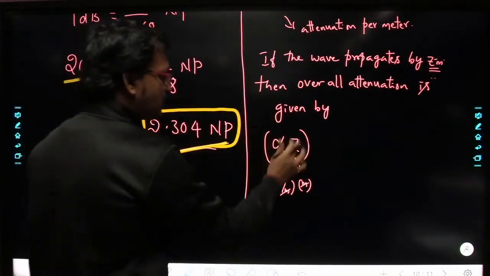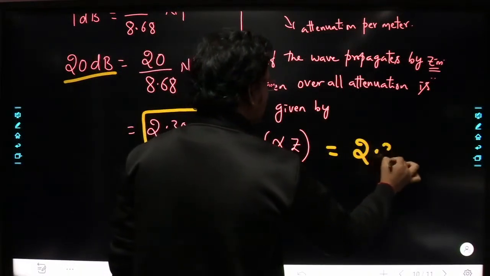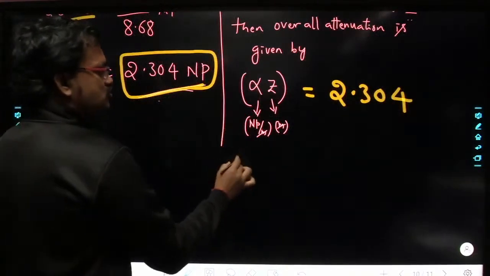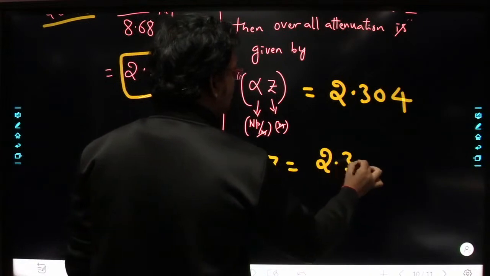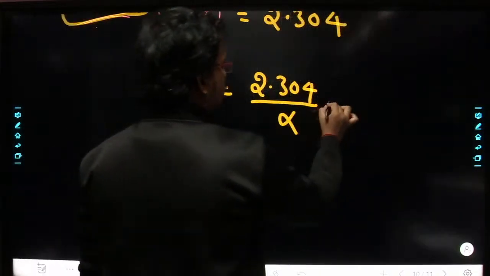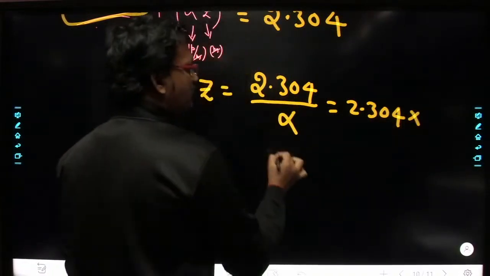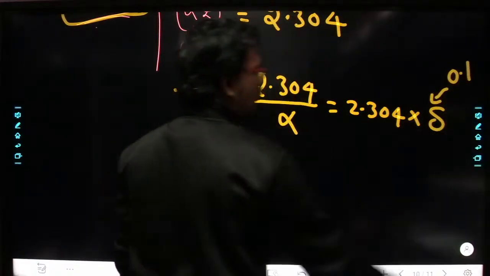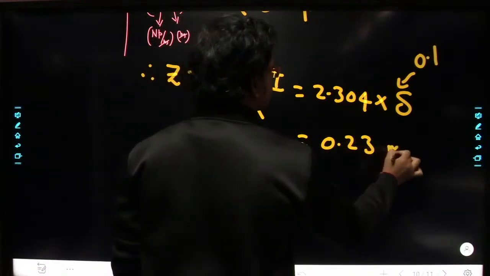Therefore z is equal to 2.304 divided by alpha, which is 2.304 into 1 by alpha. That is nothing but delta. This delta value they have given as 0.1. So that is equal to 0.23 meters.